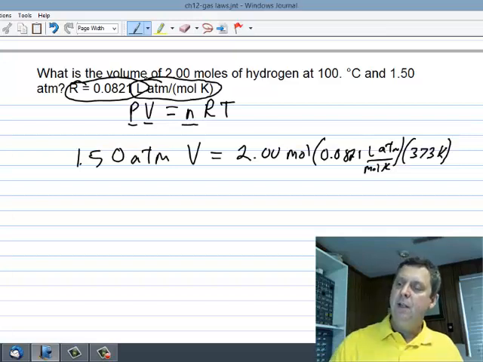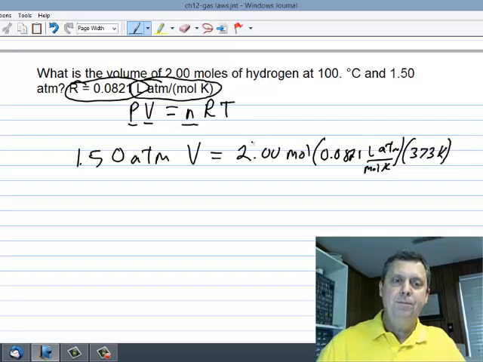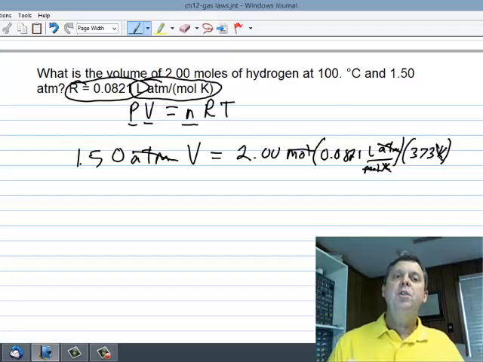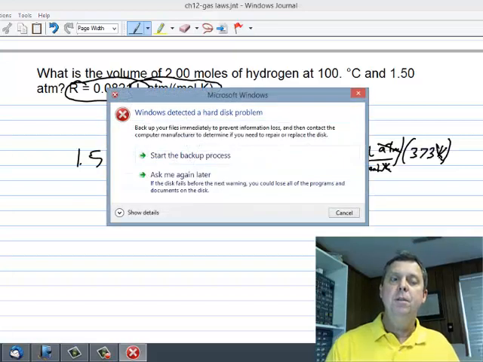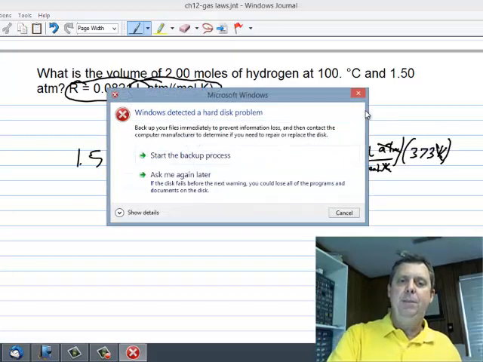So before doing anything, let's make sure our units cancel out. Atmospheres will cancel out atmospheres in R. On this side, moles will cancel out moles. Kelvin will cancel out Kelvin. So our units do work out. The units cancel out, so the only unit left is going to be liters.